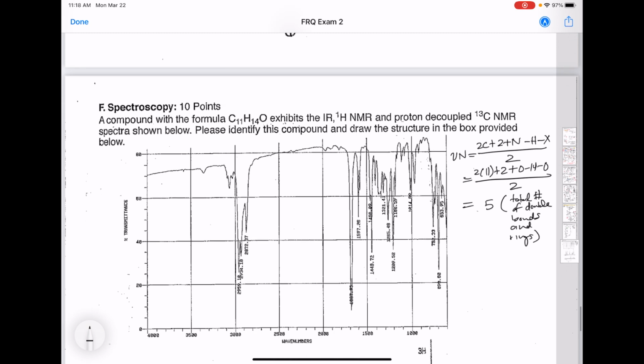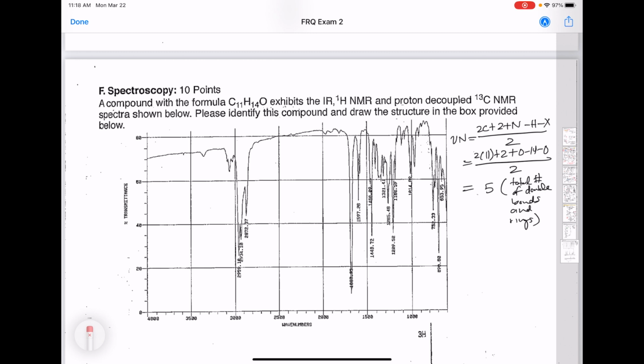It tells us that there is a possibility of having a benzene ring, because benzene's molecular formula, C6H6, has an unsaturation number of 4. So since we have 5, that means that 4 out of those 5 degrees of unsaturation could come from a benzene ring. So it's a good hint to keep in mind.